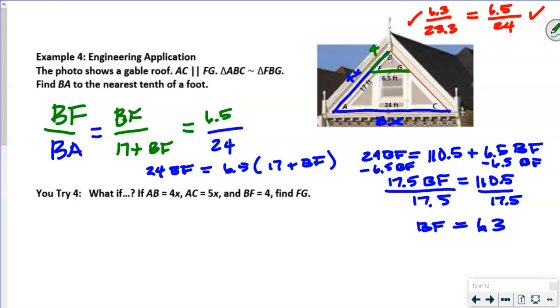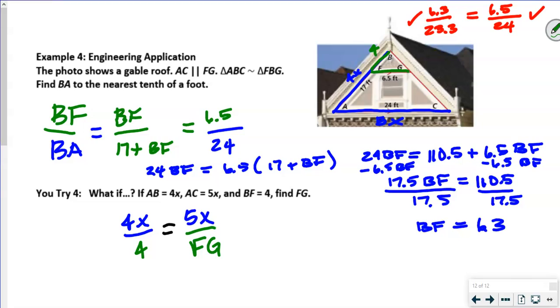So that means we're looking for this. Oh, this one's going to be easy, y'all. Okay, so we can take big over big, or we could do 4x over our 4, right? And that's equal to, okay, we got our big again, 5x, right? 5x, and we're looking for FG, yes? So that's over FG.